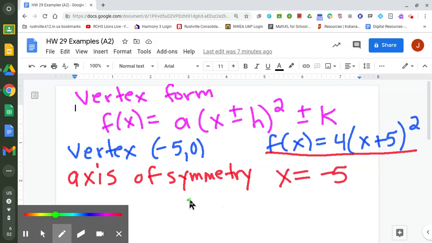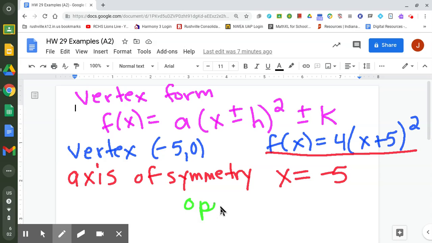One, I know that it opens up because I have a +4. And I know that my vertex is (-5, 0). So you could eliminate 2 of your options before you even graphed it.